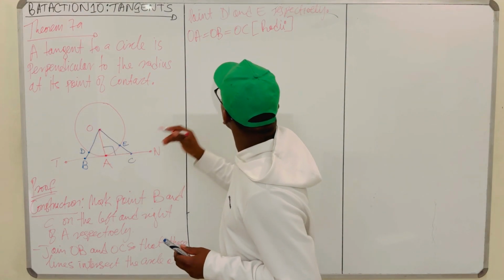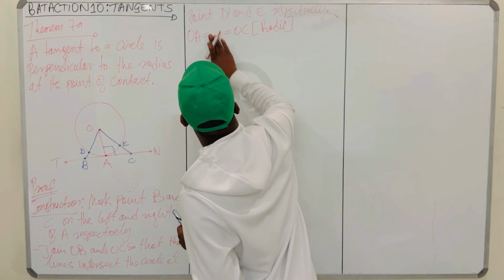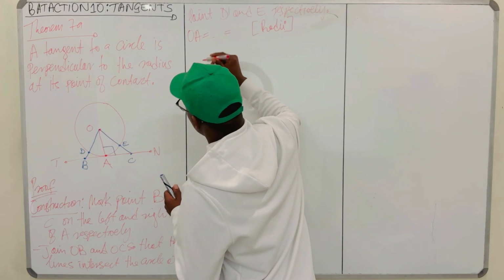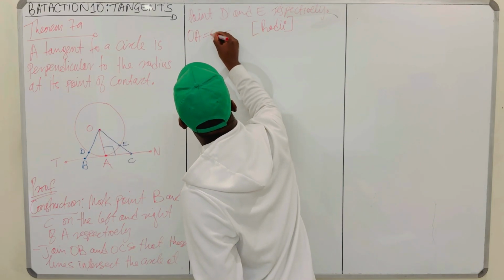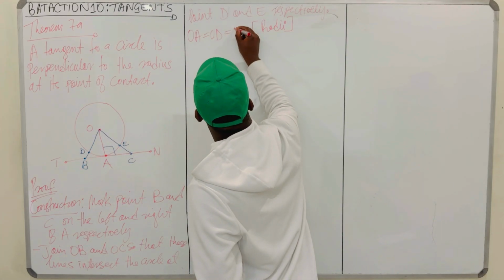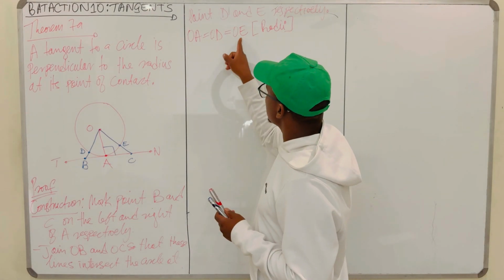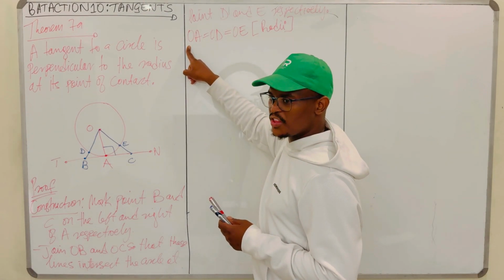Sorry, it should be OA. OA is equal to OD, because that's what it is, and it's equal to OE. All those are radii. Are you with me?